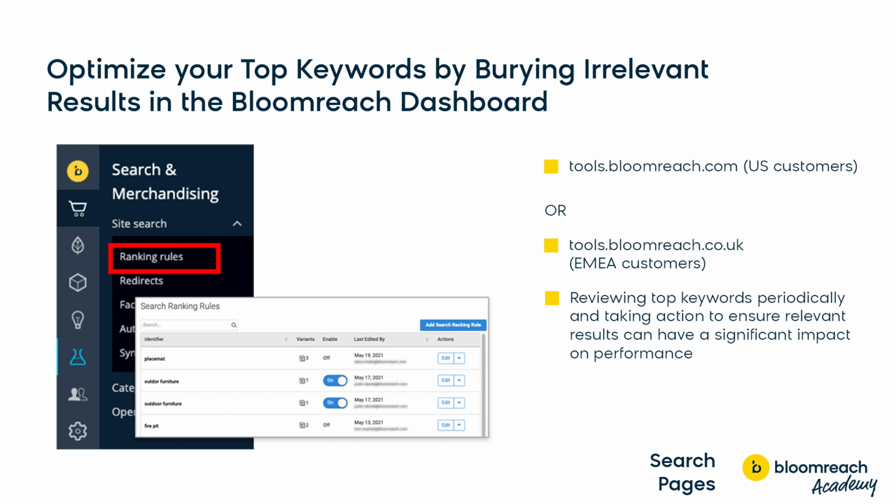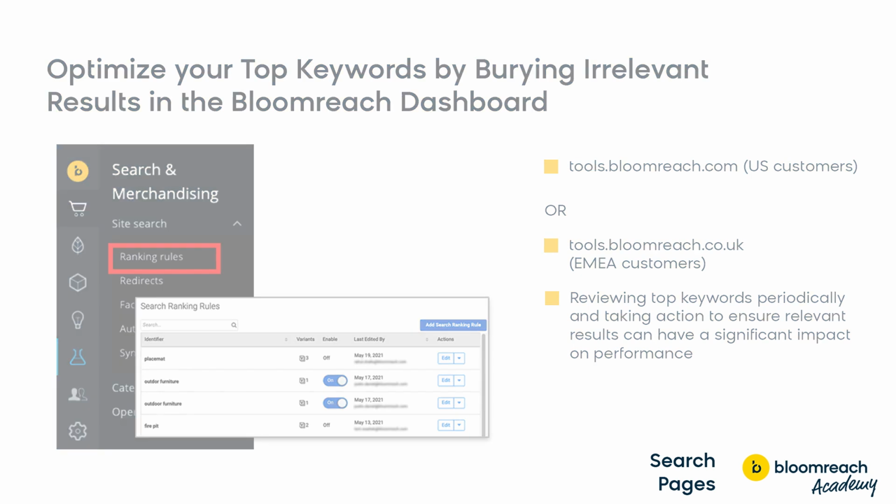But reviewing top words periodically and ensuring that all of the results, at least the top results, are always optimized is best practice for all search marketers. And sometimes making these small changes can have a significant impact on your search performance.